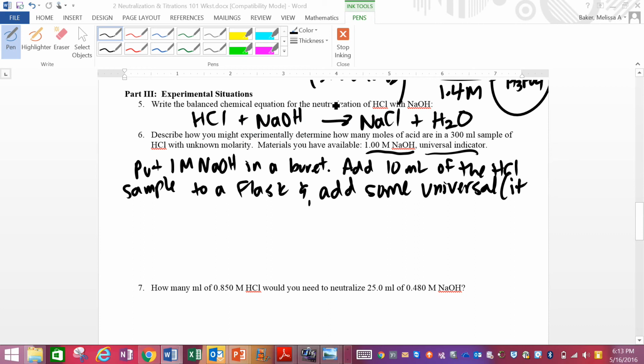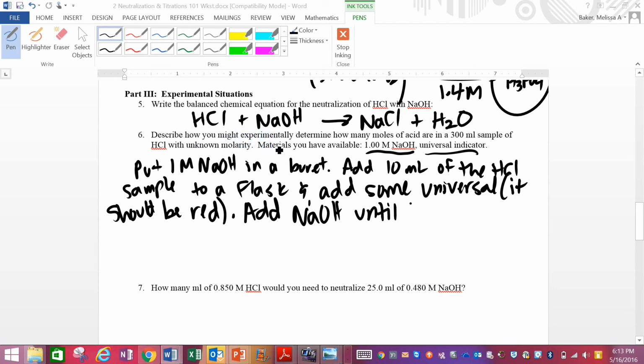It should be red. Universal is red in an acid. Add NaOH until the flask turns green.